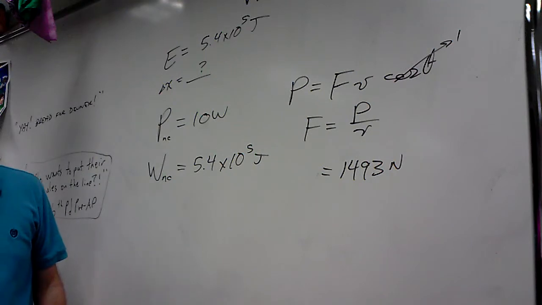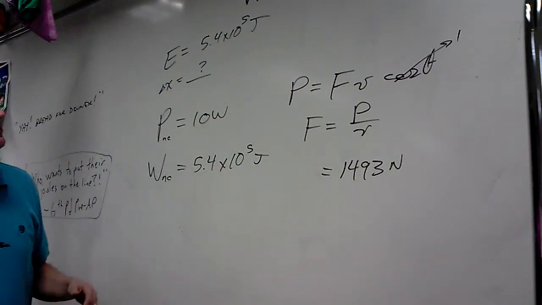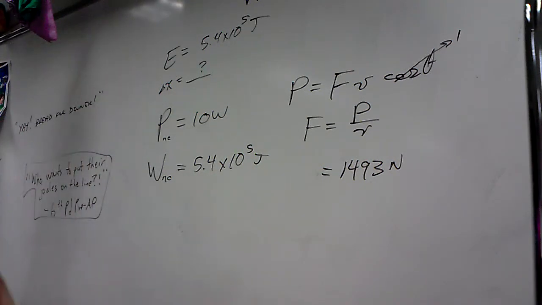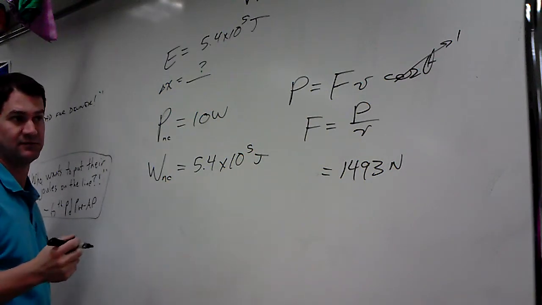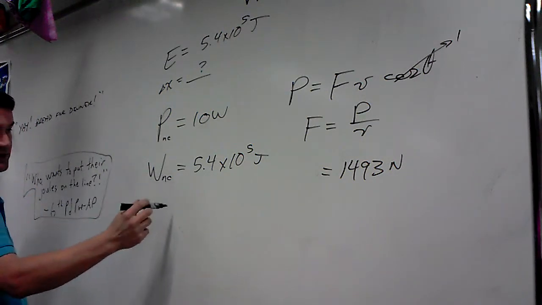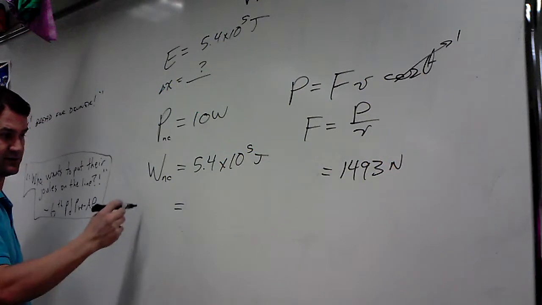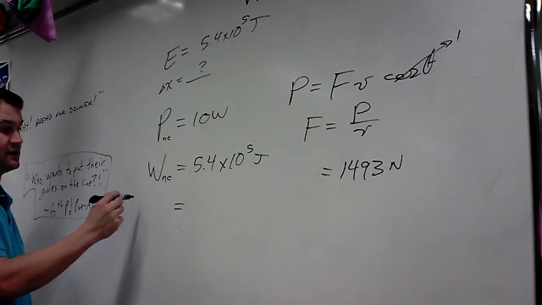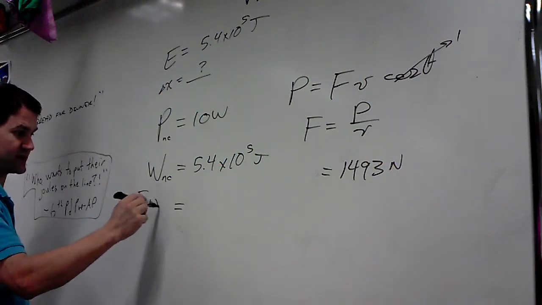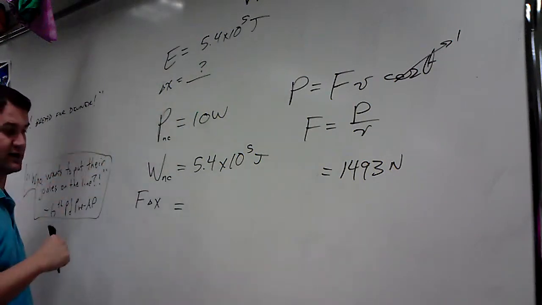But that still doesn't answer our question. Our question was, how far does it go? Well, what does work equal? Force times distance times cosine theta, which we already said is 1.